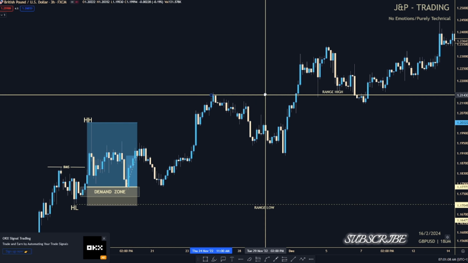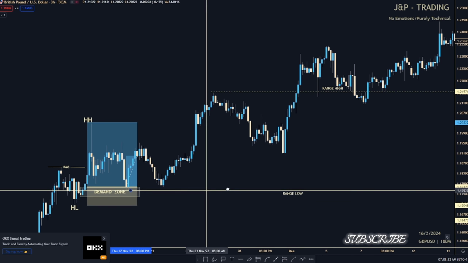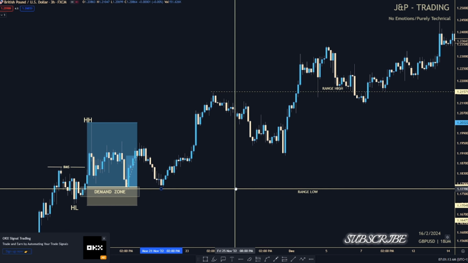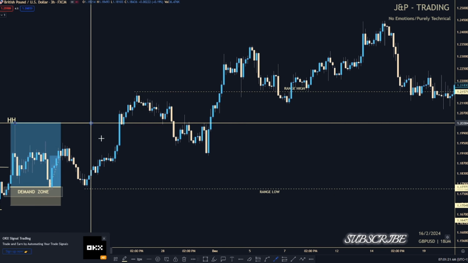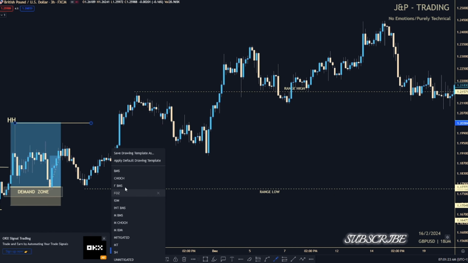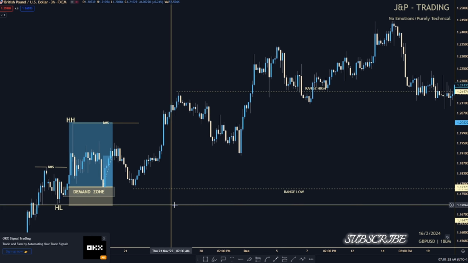Now your TP point should be that higher high. When the market breaks that higher high, now your range structure will change from where it was before to another point. Now you have gotten a BMS in the market, so your range structure becomes the range higher high. That becomes the higher high and the higher low.